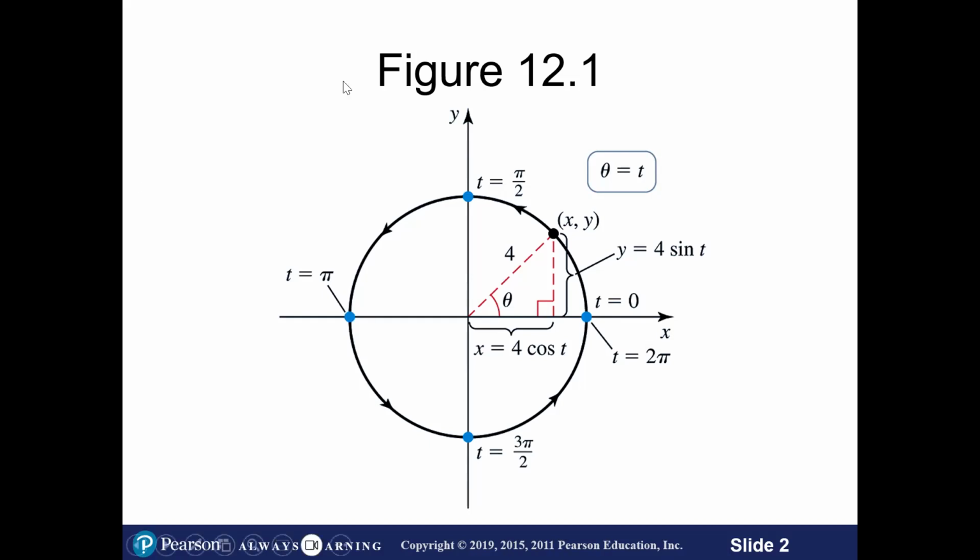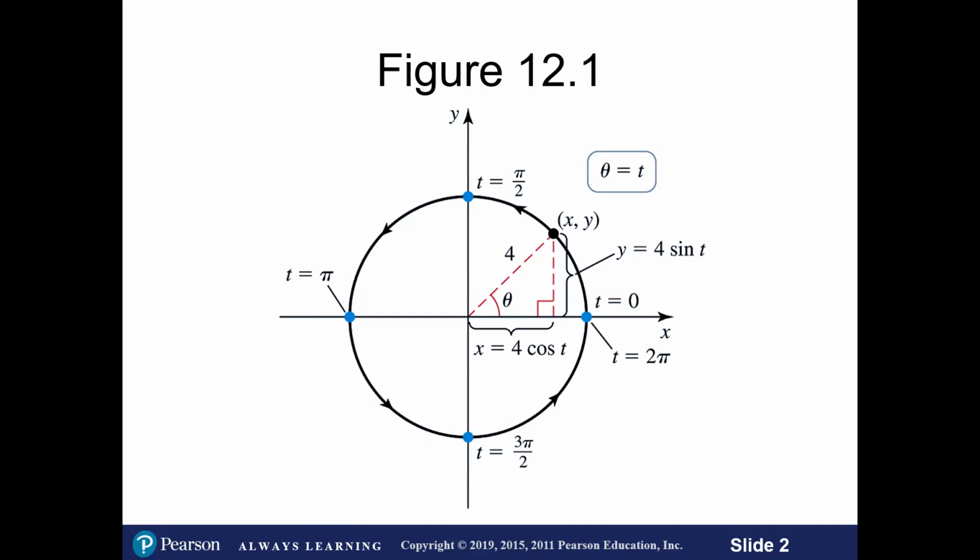And we know that as we, starting at this point, so this is a circle, radius 4, centered at the origin. And as I move along the circle, starting with this point on the x-axis, and that would correspond to an angle theta equals 0.